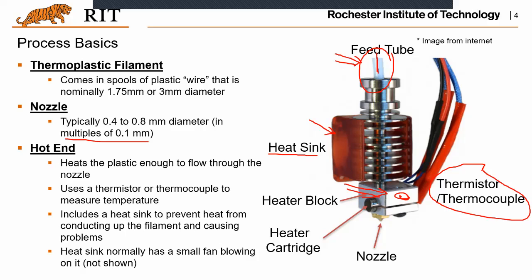But if you look at the hot end on the Poisson machine we have in the lab, it has a small fan to blow the hot air and further prevent the heat conducting. All right, that's the hot end.